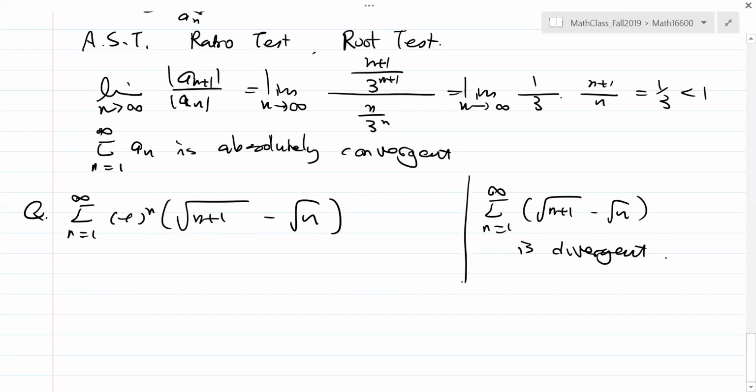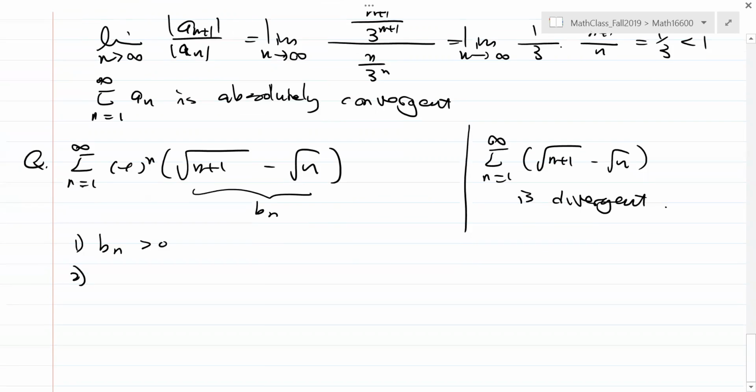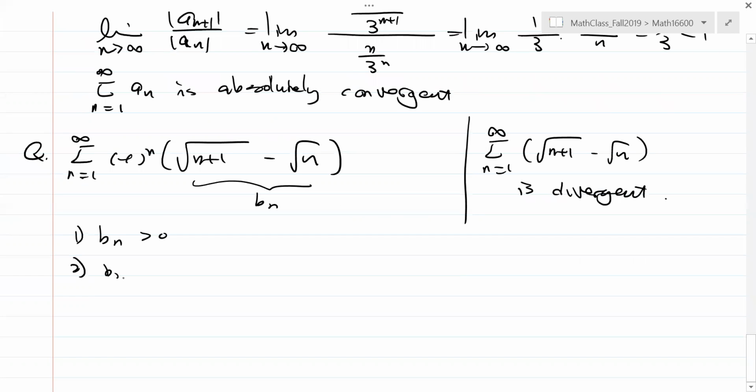For this series, it's convergent. You use the alternating series test, and it's conditionally convergent. So this is your b_n. So b_n is positive, clear. Second, b_n converges to 0, decreasing. It's not clear.